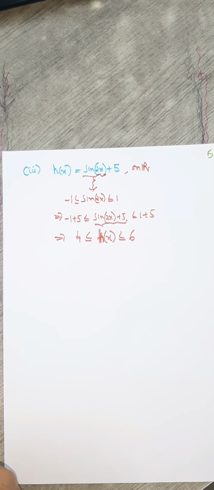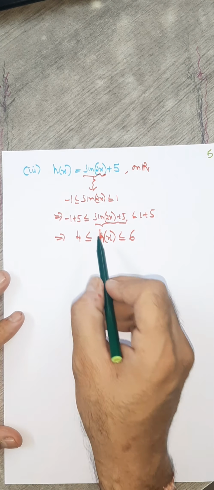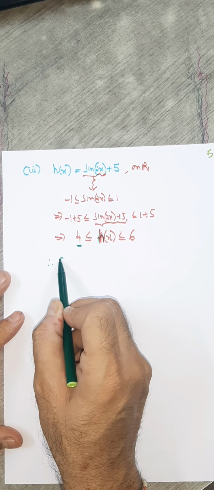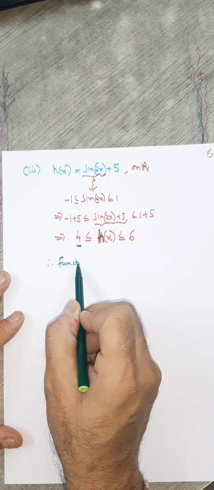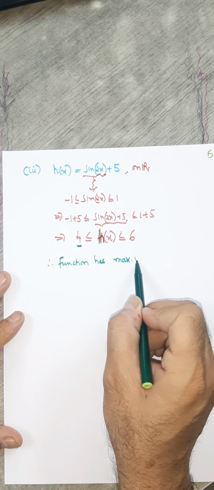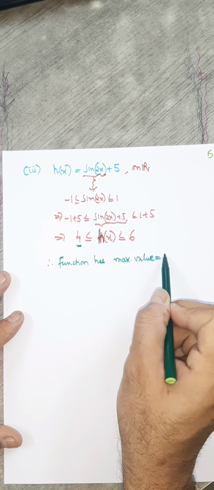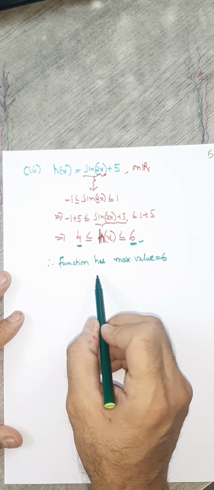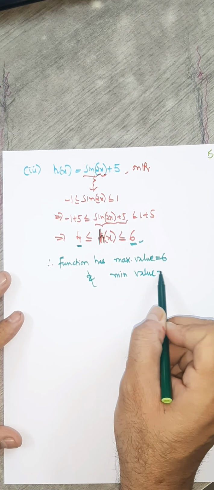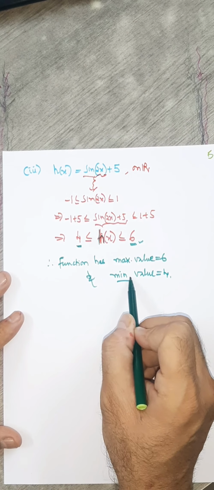Can you recall such things we did in the 11th standard? This is indirectly the range. The function has maximum value equal to 6, which is the highest value attained by the function, and minimum value equal to 4, the lowest value.